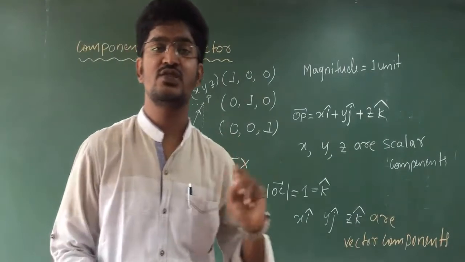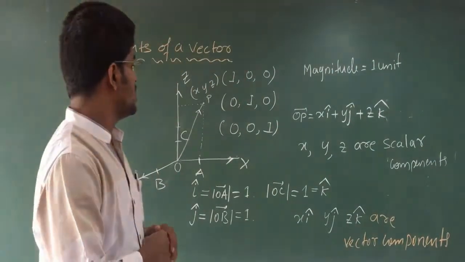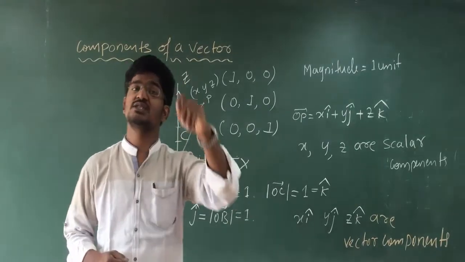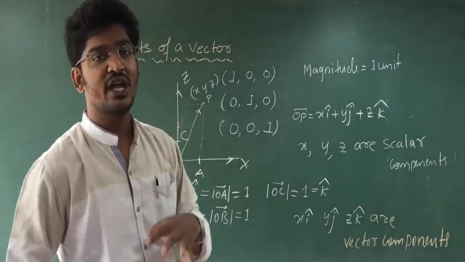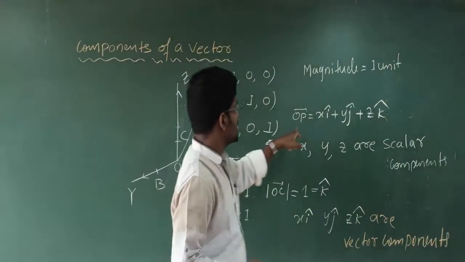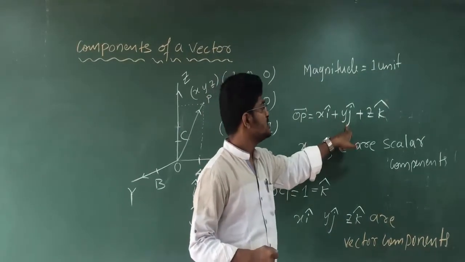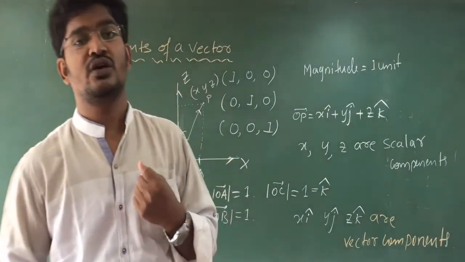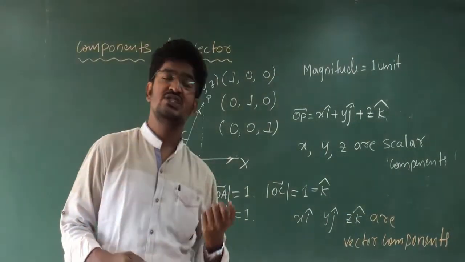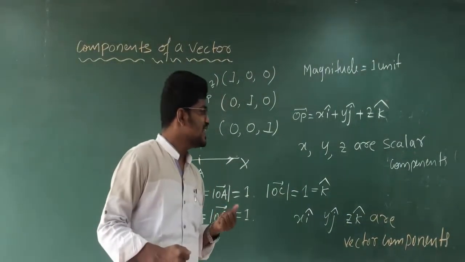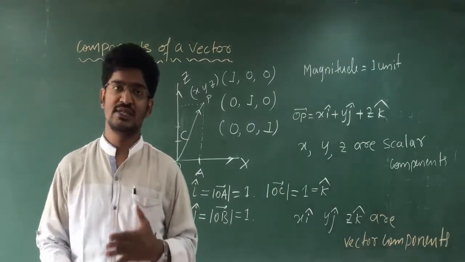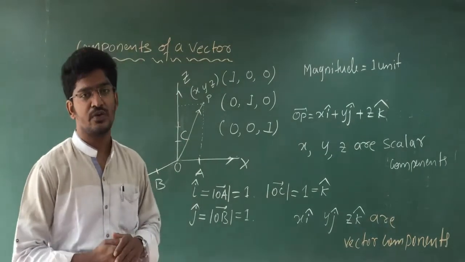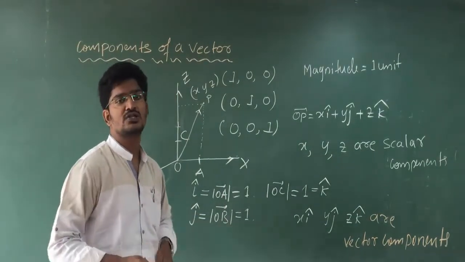Another thing is, if you want to represent a point x, y, z in space, then that point is represented by the vector OP equal to x i cap plus y j cap plus z k cap, where x i cap, y j cap, z k cap are vector components. In the same way, x, y, z are the scalar components. Clear? These basics you must know.